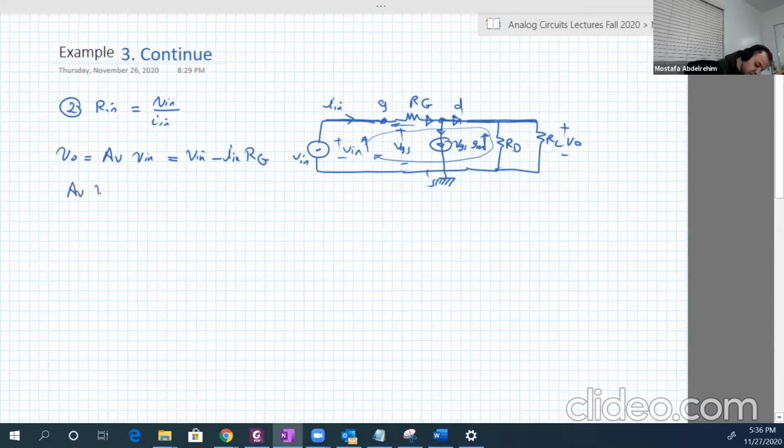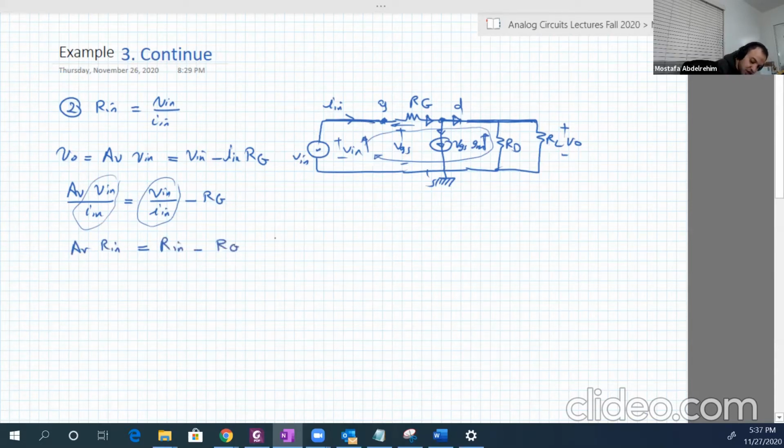So AV V input over I input equals V input over I input minus RG. What is V input over I input? It is R input. So AV R input. Remember, we know AV is minus GM, RD parallel RL, equal to R input minus RG.